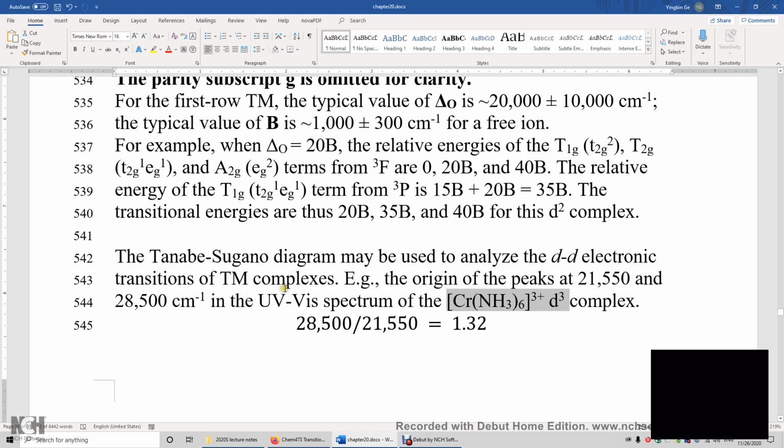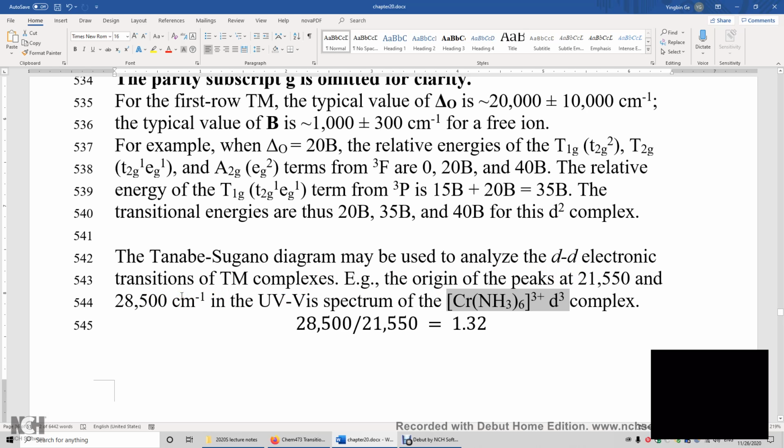Now, if you look at the UV Vis spectrum of this transition metal complex, you'll see two significant peaks at around 21,000 and another at around 28,000. How do we interpret these two wave numbers?